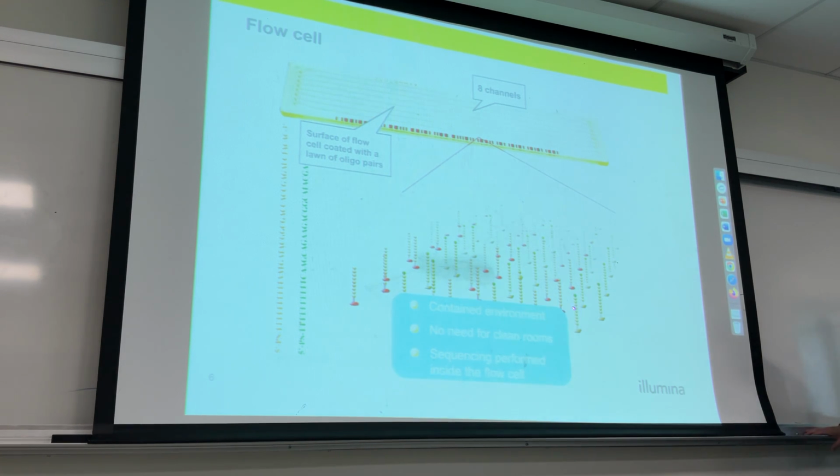And there are 2 sets of little adapters, one for the forward strand and one for the reverse strand, because DNA is double-stranded, so you want something that's going to bind to both strands of your DNA.